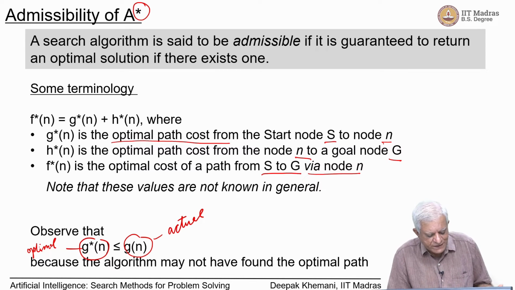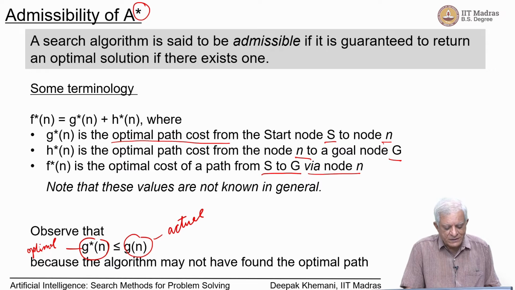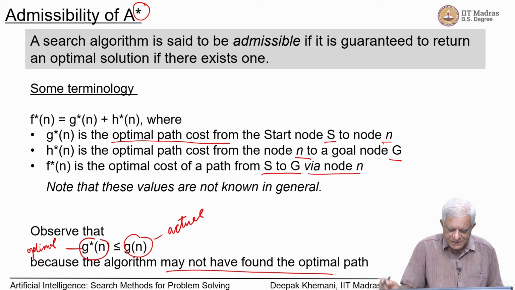Why is g of n greater than g star of n? Because the algorithm may not have found the optimal path at any given point. So, this inequality will always be true, that g star of n is always less than or equal to g of n. It could be equal if the algorithm has found an optimal path, but it may not be. Just keep that in mind when we do the analysis.